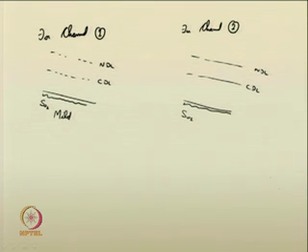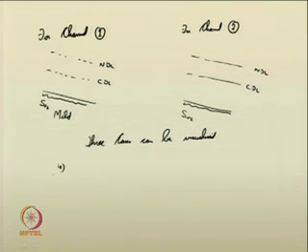You can visualize 3 cases. That is, the bed slope of channel 1 and bed slope of channel 2 both are same, S01 is equal to S02. This is one particular case.